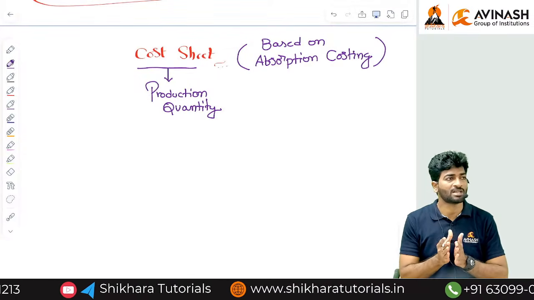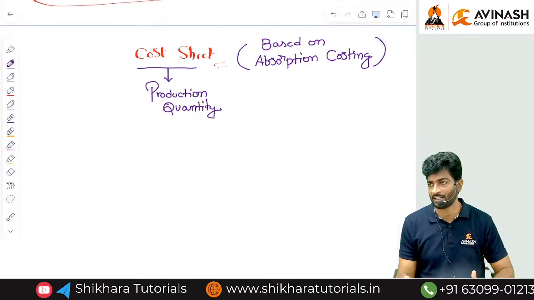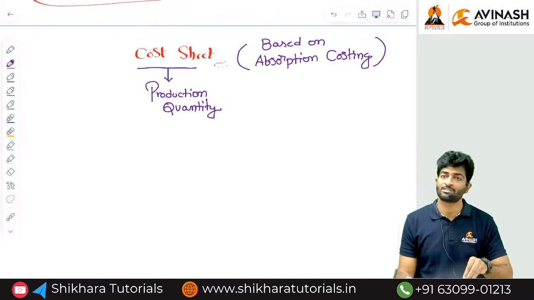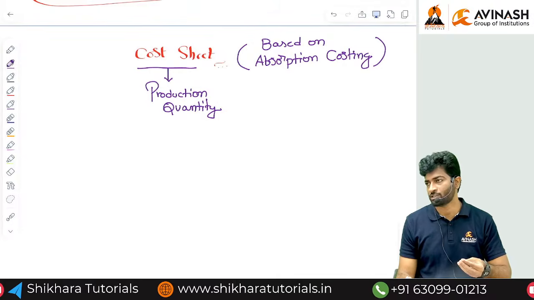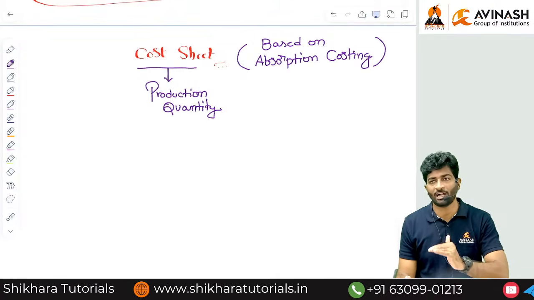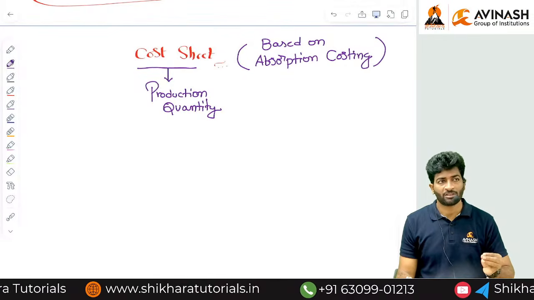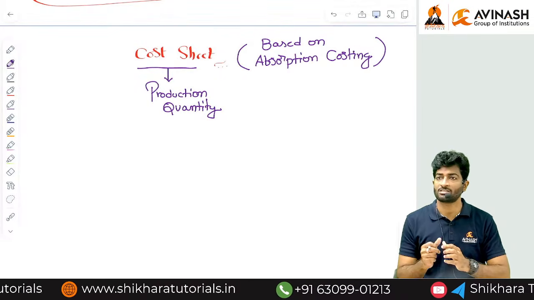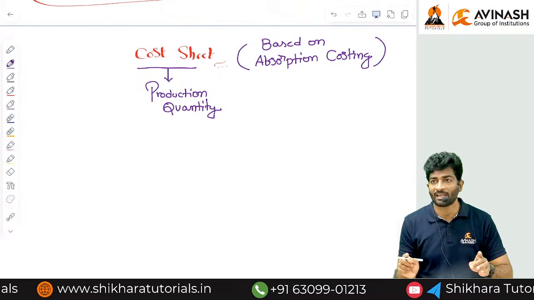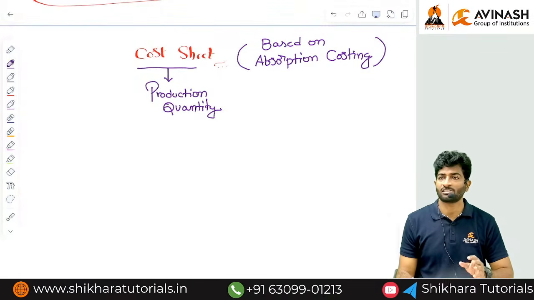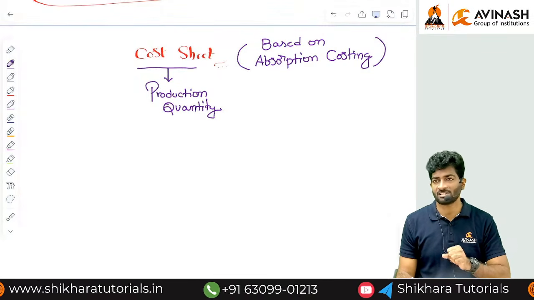We never segregate them into variable and fixed. Is it clear? Administration expenses, both variable and fixed put together, I consider under the administration overhead head. Selling and distribution, whether variable or fixed, I consider the total. I am not going to segregate. So costs are classified based on functions here.